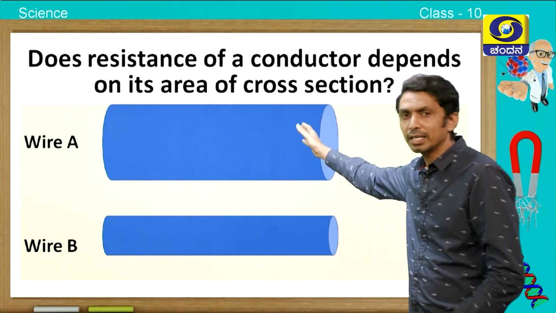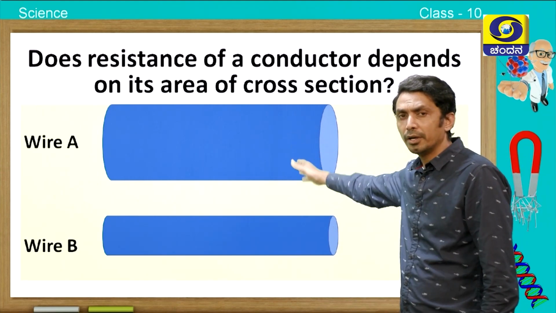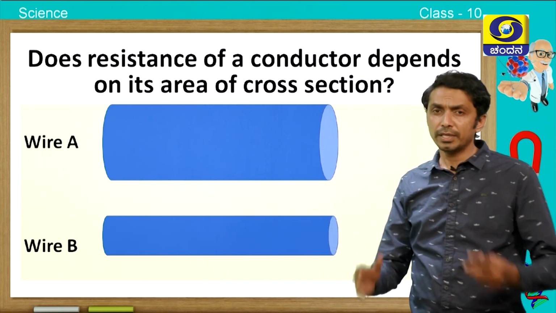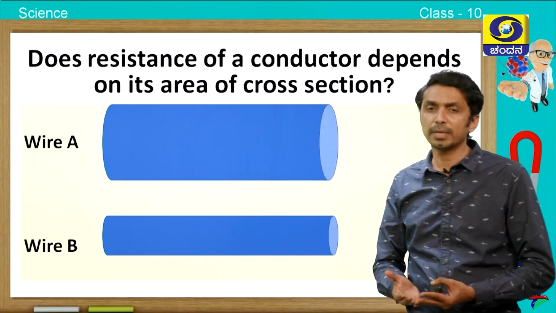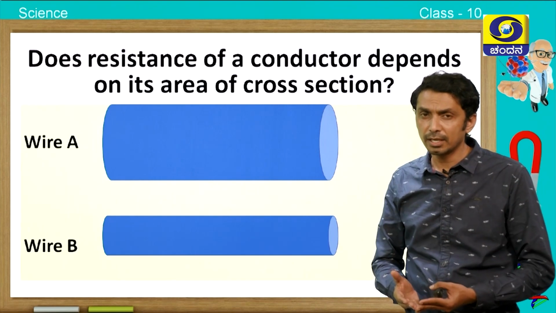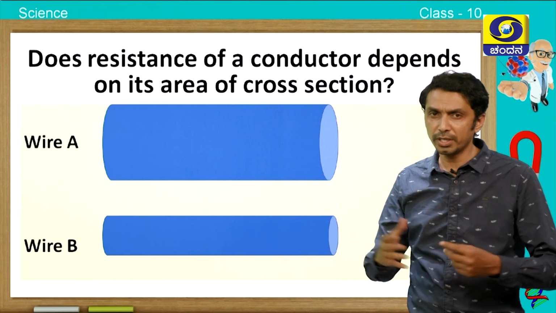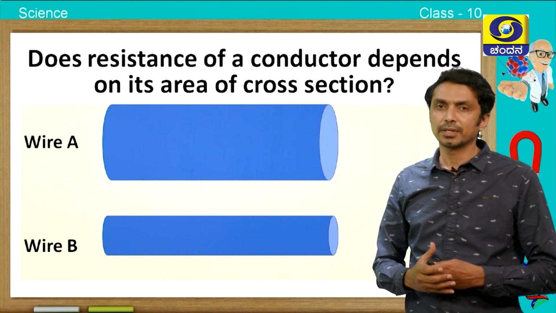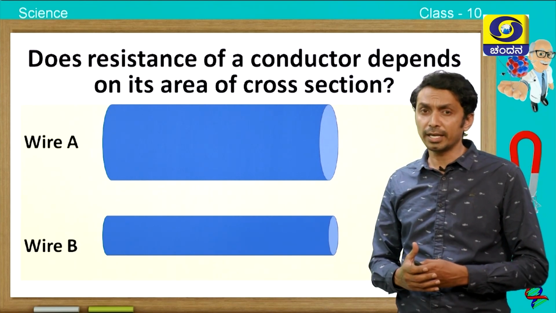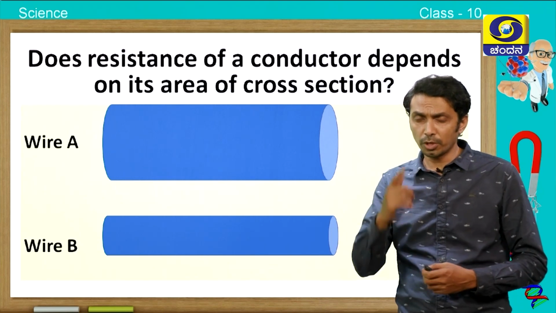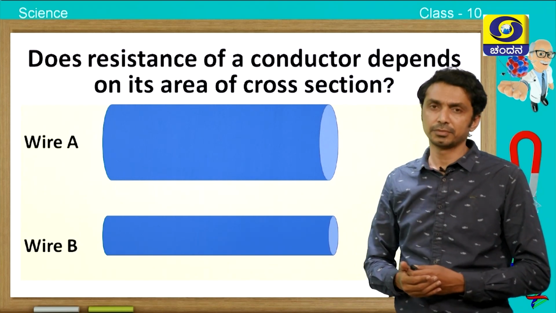So that means the area of cross section is more. My question is, if two wires are made of the same material, will the resistance vary in this case? What do you think, children? Yes, you are absolutely right. Come, let us see whether what you have thought is right through this activity.